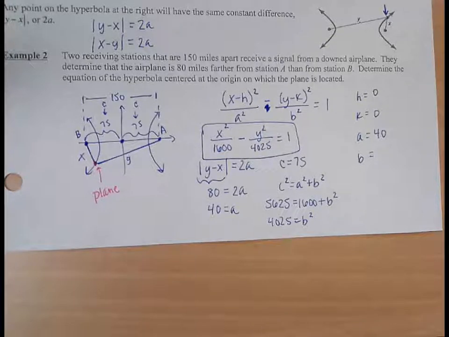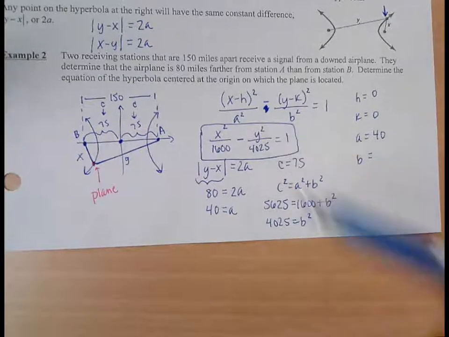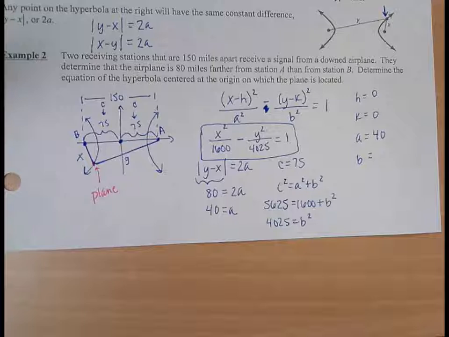If we had used a vertical hyperbola, the x squared and the y squared would have been switched, but that would be an alternative answer that would also be correct. The a squared and b squared would still be the same.